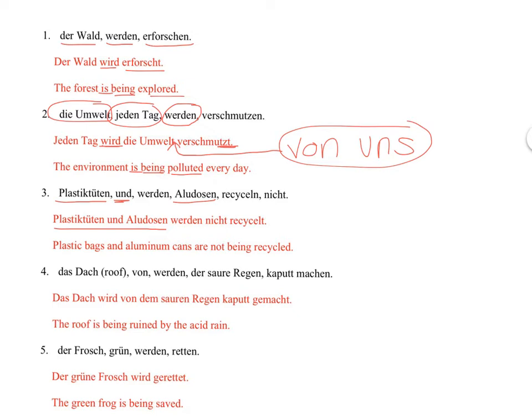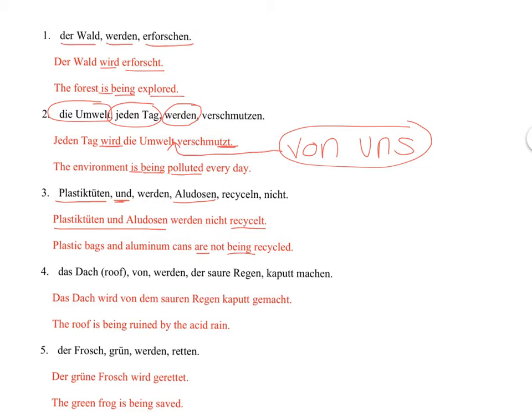So werden as the plural is werden. Past participle of recyceln has to be at the end, recycelt. So nicht is going to be in front of it. Plastiktüten und Aludosen werden nicht recycelt. So werden, we have are being. The nicht adds the not.